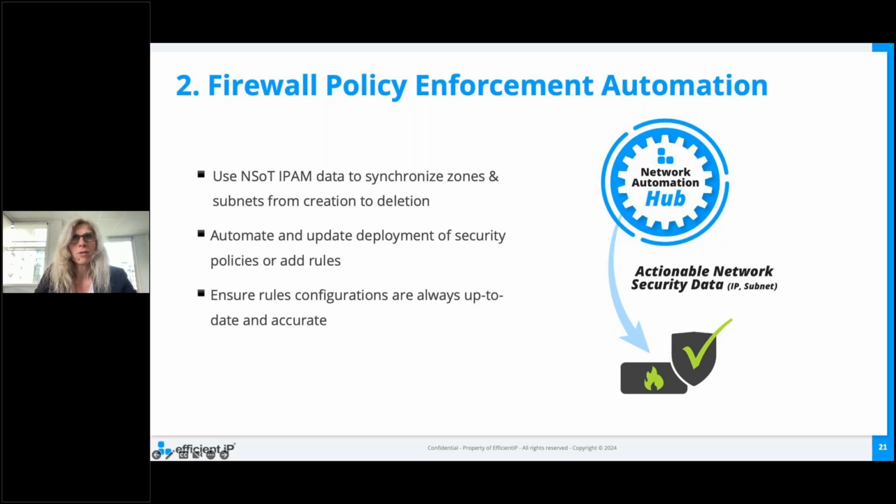With Network Automation Hub and IPAM, and the accurate, up-to-date data you have, it helps automate this policy update with synchronization of zones and subnets from creation to deletion, automate deployment and update of security policies or added rules, and ensure that rule configurations are always up to date and accurate. This will reduce the risk of errors, save time, and streamline compliance across the entire network infrastructure.